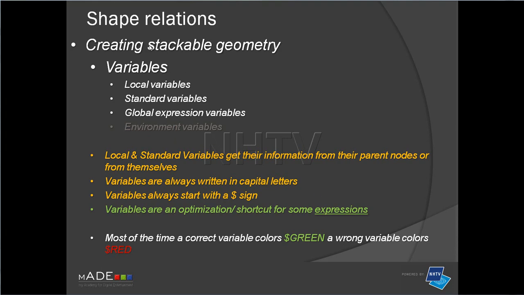So the types of variables that you have are local or standard variables. Perhaps it's best to look at them as being local variables, and then you have global variables. The difference is local variables get their information from their parent nodes or from themselves, like I just said before. Global variables are variables which are available from other parts.